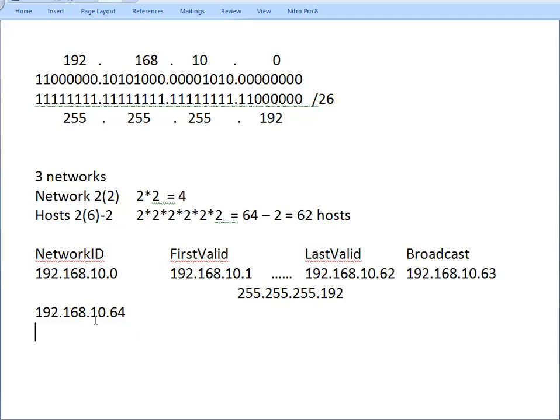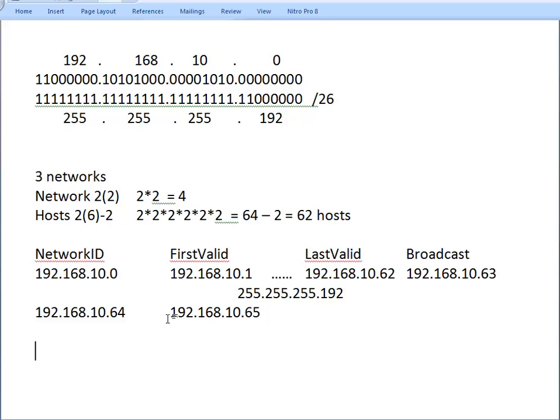We move to the next one. Next network is 192.168.10.64. The first valid address is this plus 1, so 192.168.10.65. To find the last valid address and the broadcast, it's easy if you find the next network ID.